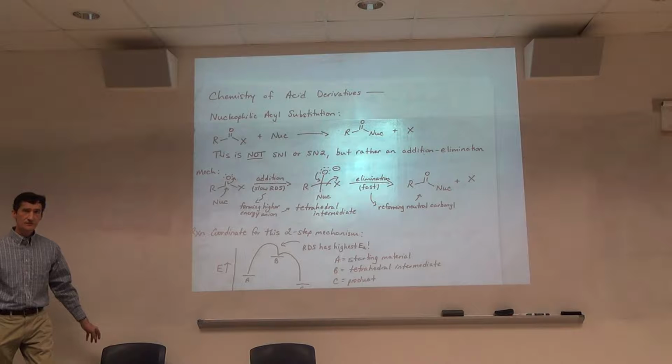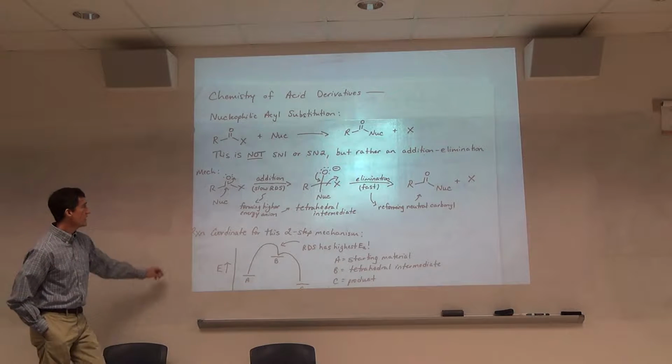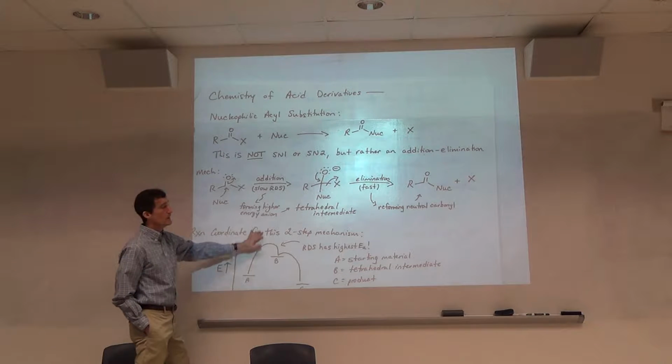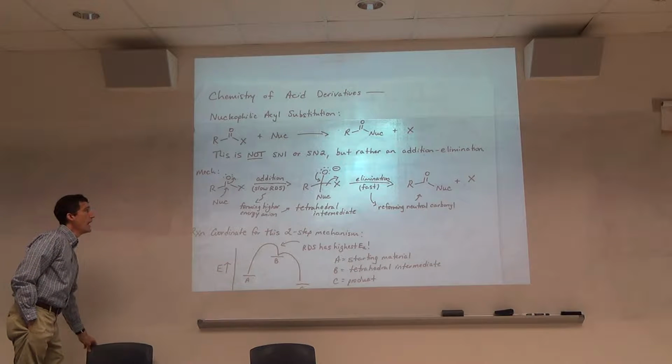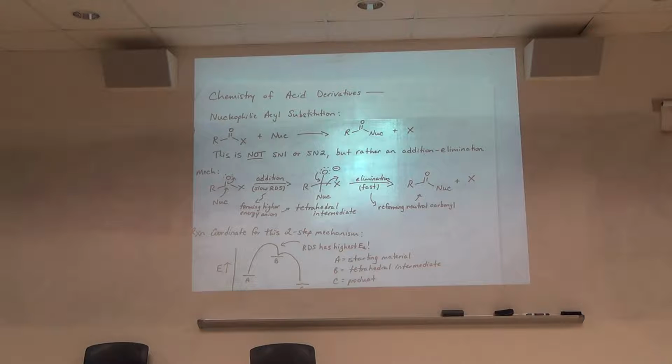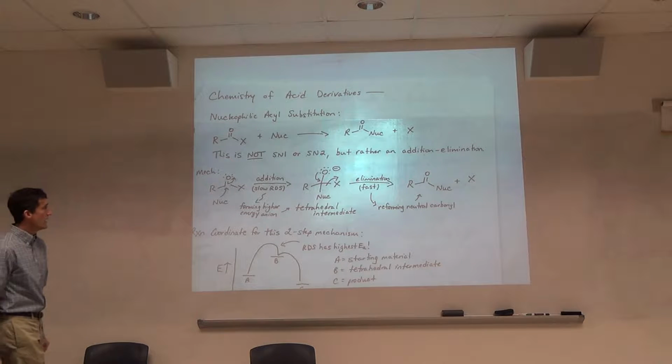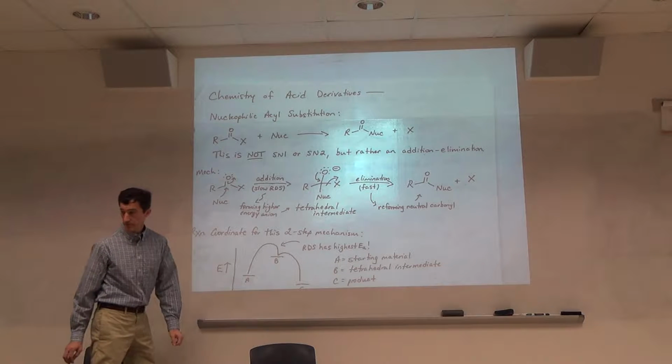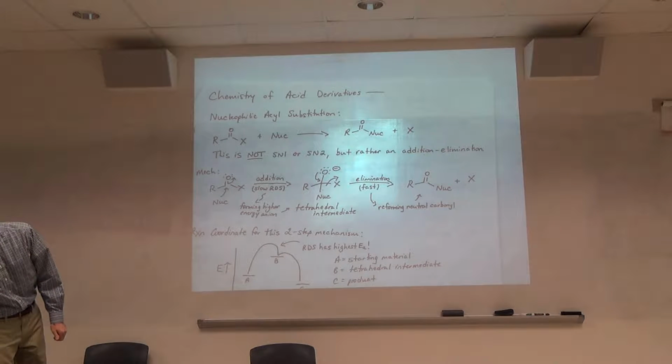It's not SN1, SN2 because there's a tetrahedral mechanism. This carbon is not tetrahedral. This is an addition elimination, just like nucleophilic aromatic substitution was an addition elimination. Nucleophile adds to carbonyl, and we'll be doing that tons, many times from here on out.